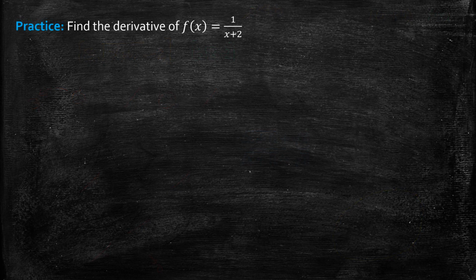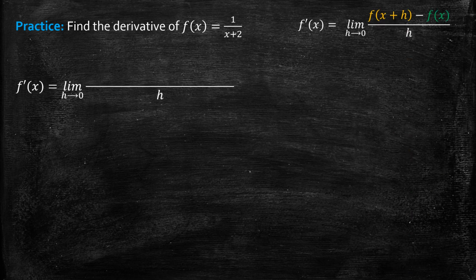So let's end with one more example, finding the derivative of a reciprocal function. And as always, we'll begin with f of x plus h. We're going to have to replace x with x plus h. So we're going to get something a little cumbersome here, but don't worry, bear with me. We'll simplify the situation. So x is replaced with x plus h, but don't forget there's a plus 2 there.